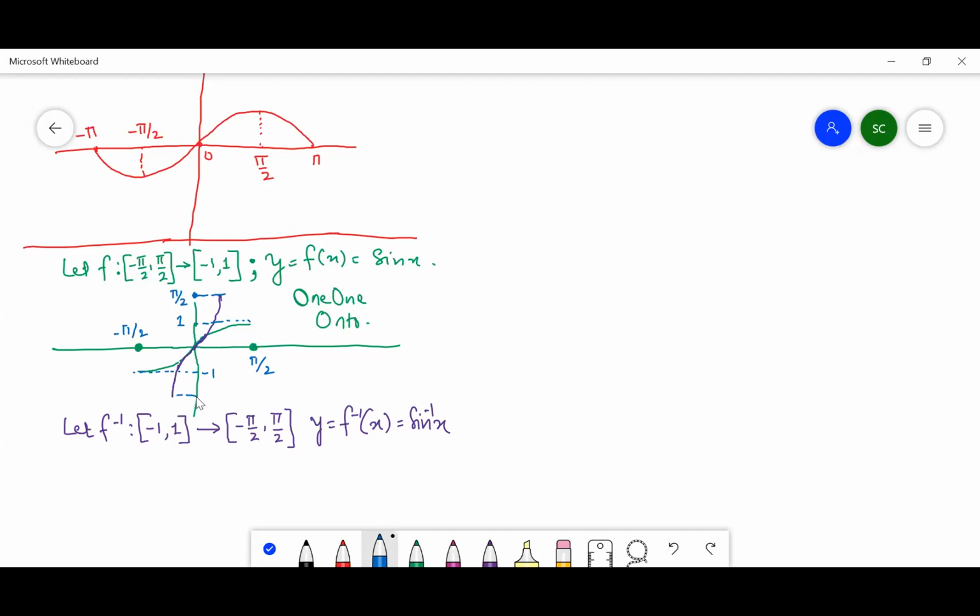This point here is -π/2. Then this coordinate here is -1, and this coordinate here is +1. That is the story of sine inverse x.